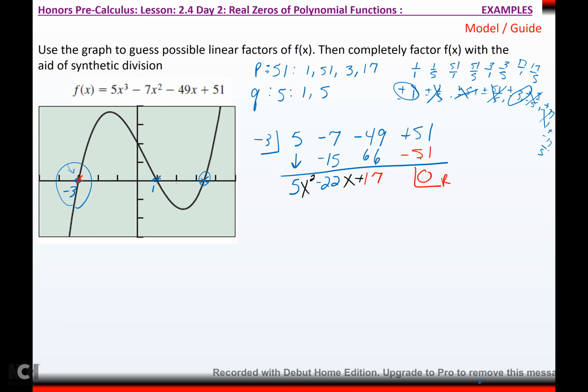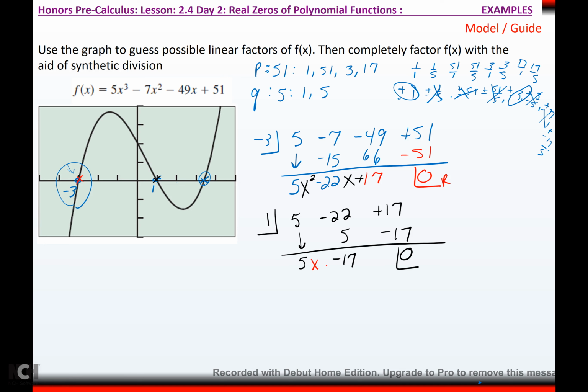But if I'm trying to find all three and I know this one, I can put that one in the hole now and use my second degree coefficients, 5, negative 22, positive 17, and I can do synthetic division here. So 5 would come out, brings back 5, negative 22 plus 5 is negative 17, times 1 is negative 17, remainder 0.